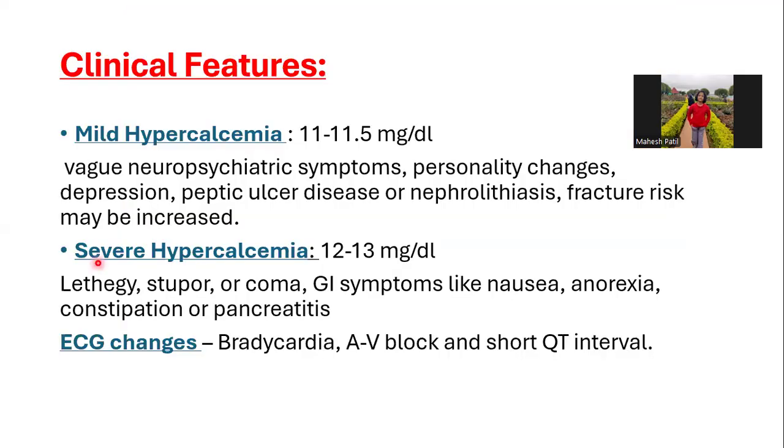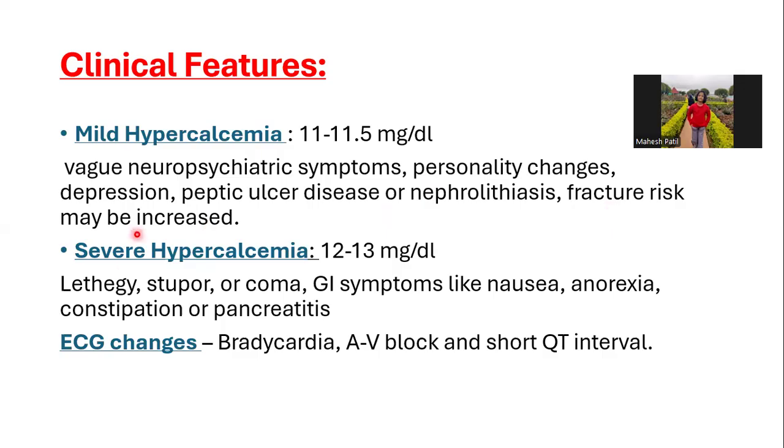What are the clinical features? Mild hypercalcemia, 11.2 to 11.5 milligrams, will cause vague neuropsychiatric symptoms, personality changes or depression, peptic ulcer disease-like symptoms, nephrolithiasis, and fracture risk may be increased.